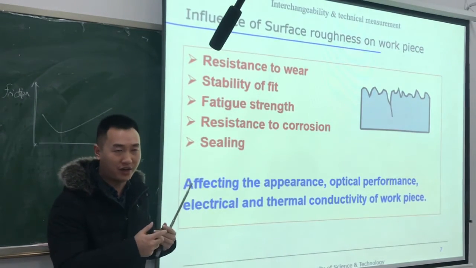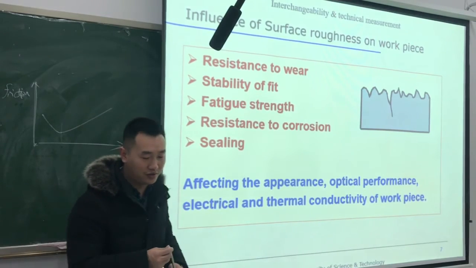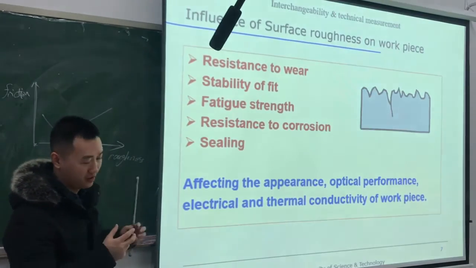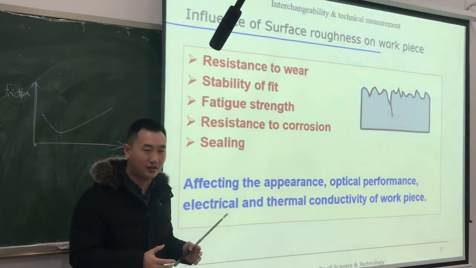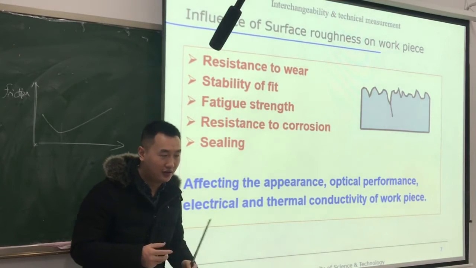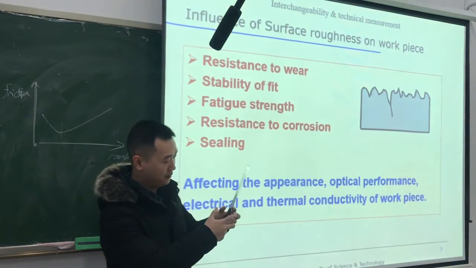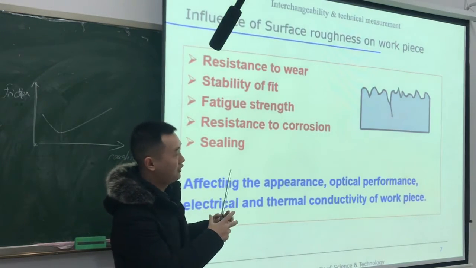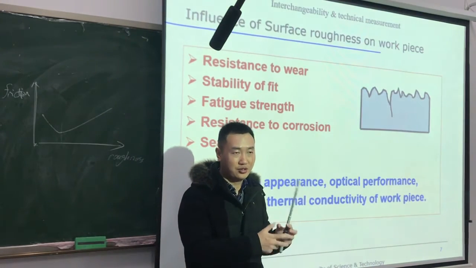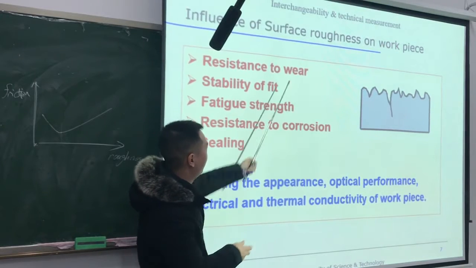They will normally have a relative motion, and if the surface roughness is increasing, becoming bigger, what will happen? In fact, for clearance fits, if the roughness value is big, then they become worn more easily. They will easily get worn.